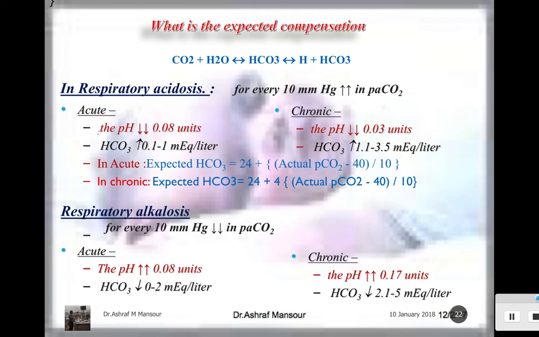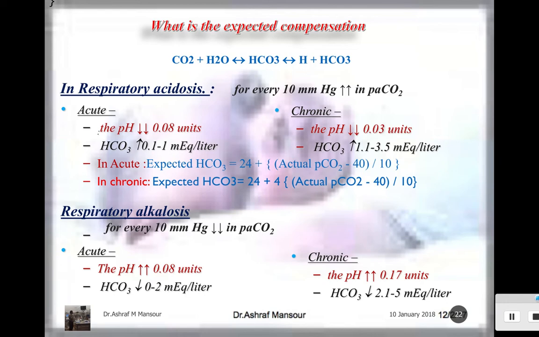And then we have to calculate what is the expected compensation, and this is very important, because if you consider that the acidosis, for example, is related to the respiratory and there is increased CO2, the magnitude of increase in the CO2 will reflect a part or all of the change in the pH. This must be calculated, to define if there is another factor rather than the PCO2 as respiratory, or it is pure respiratory, and at the same time you can know how much the compensation is.